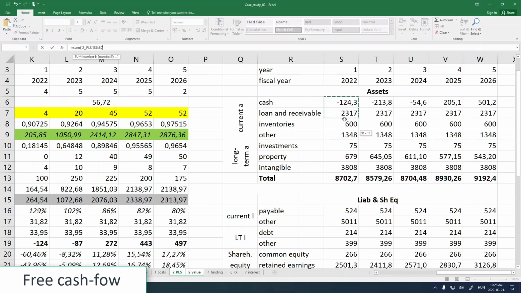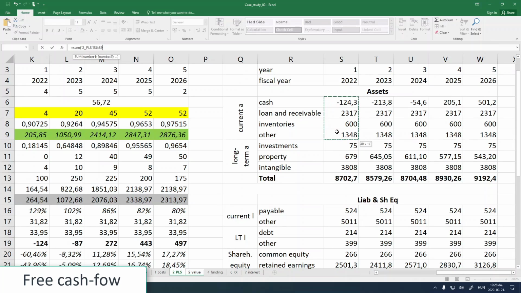Some cash, loan and receivable. It's interesting, so we are providing a loan to someone. Oh, I can understand receivable. Sooner or later we get some money from our clients, but this lending is quite strange because it's a significant amount in our balance sheet.